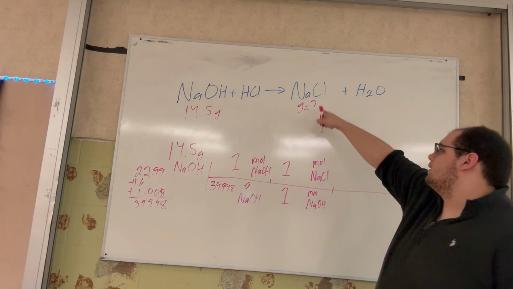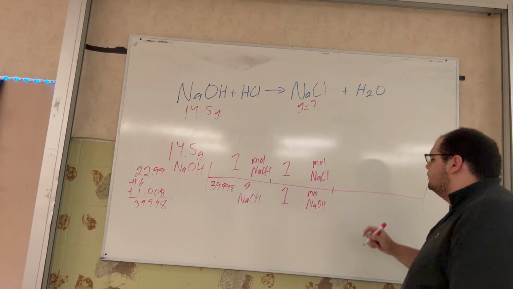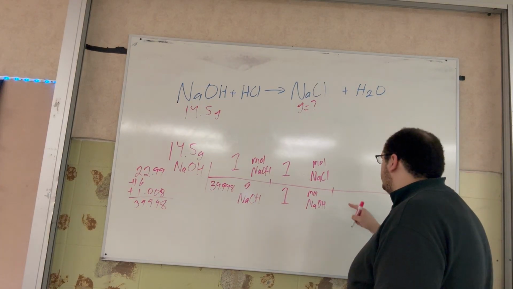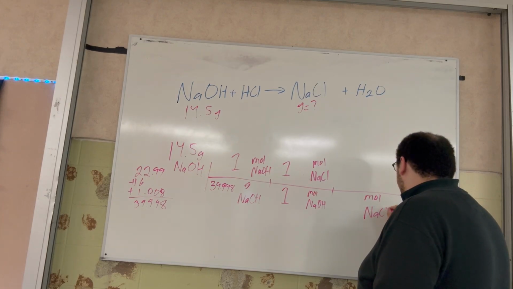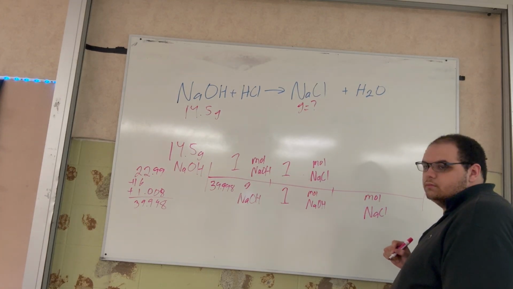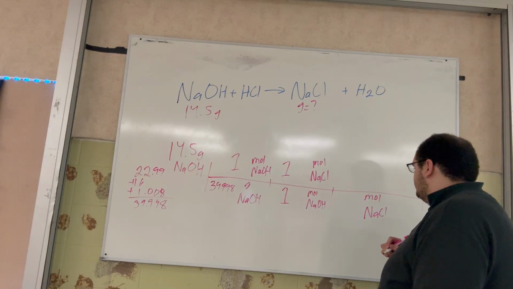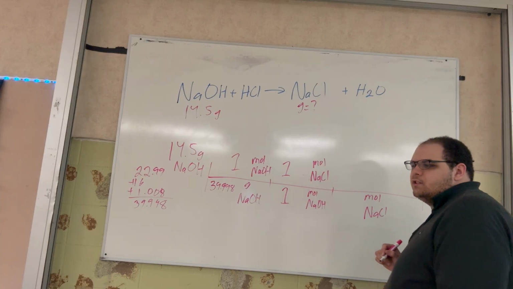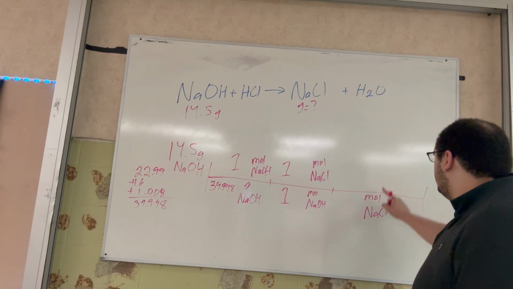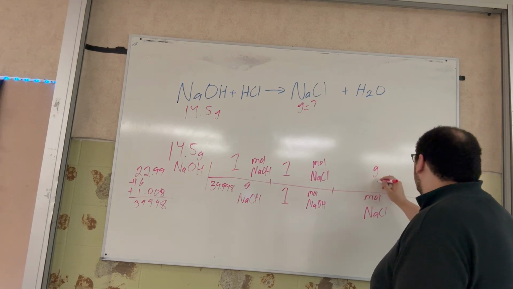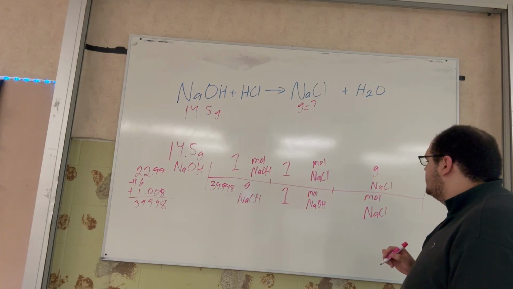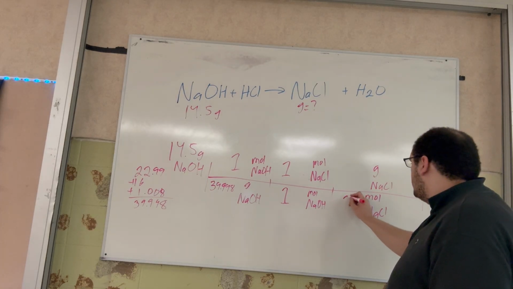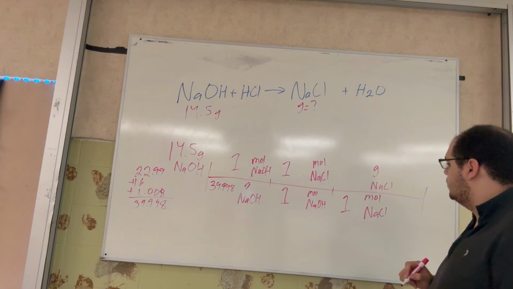I need to keep going because I need grams of sodium chloride. If I have moles here, I'm going to have moles down here. If I'm paying attention to my roadmap, I'll see that I need grams of sodium chloride on top. I'll have a 1 on the bottom because my roadmap tells me.